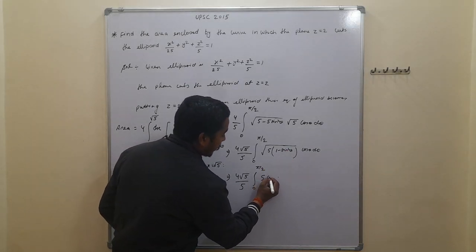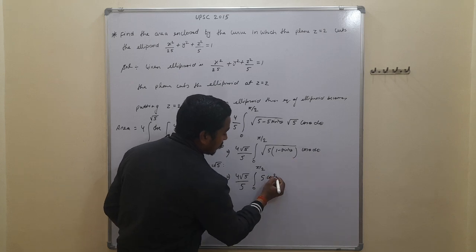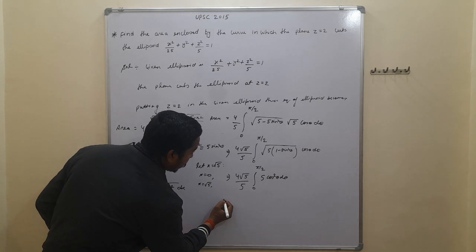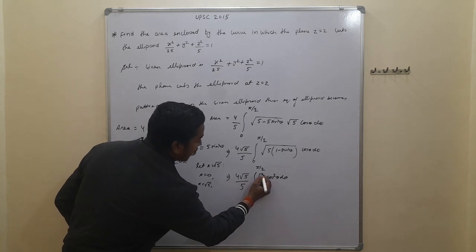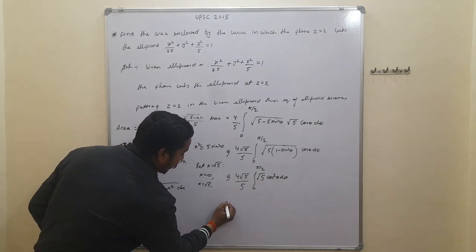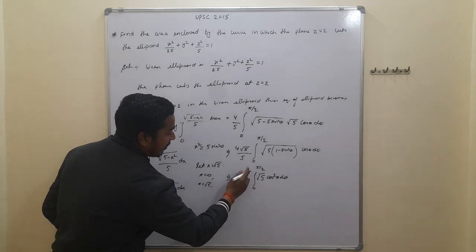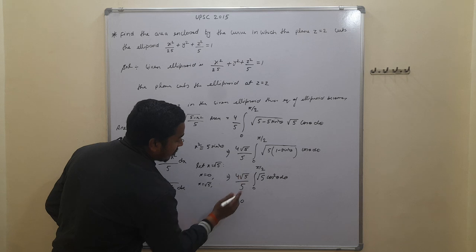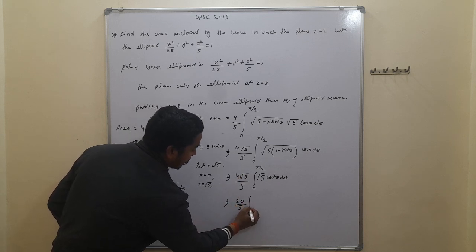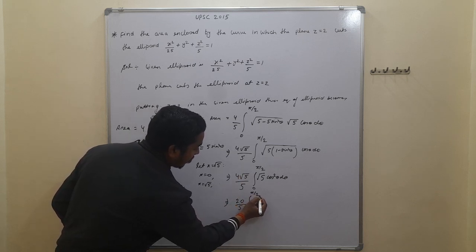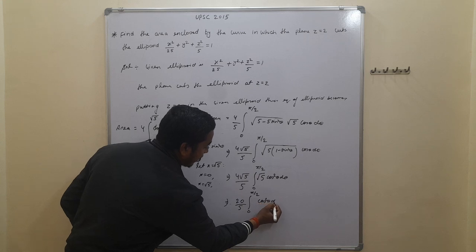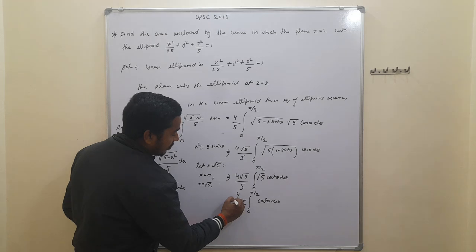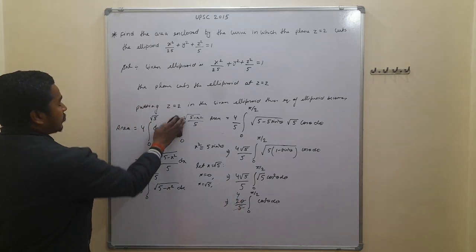This is cos theta into cos theta, that is cos square theta d theta. Further, 4 root 5 into root 5 is 20, upon 5, and the integral limit is 0 to pi by 2 of cos square theta d theta, and from here 20 upon 5 is 4.